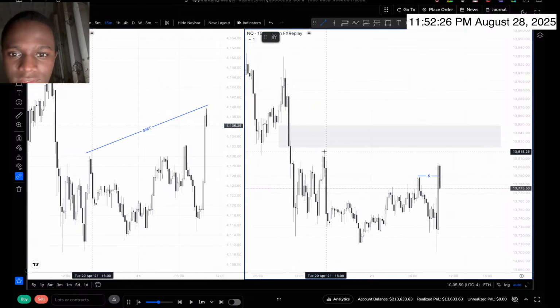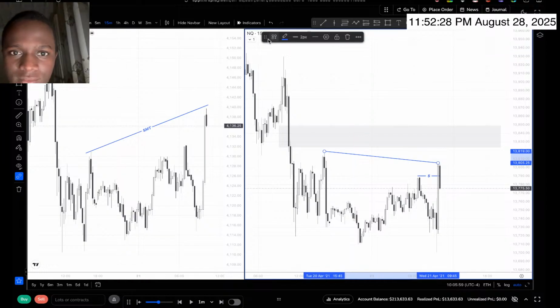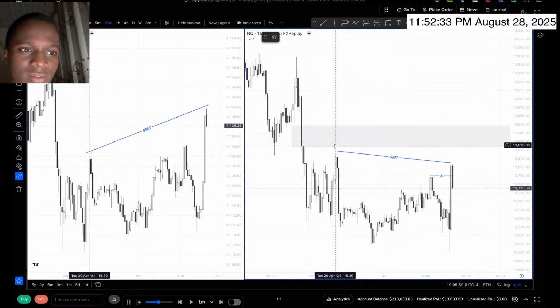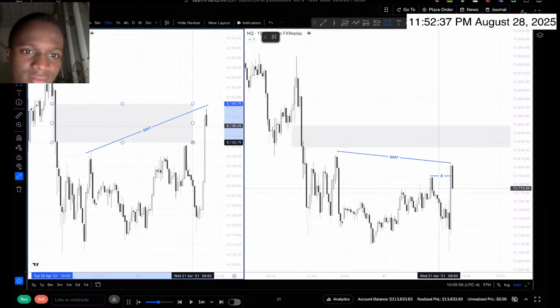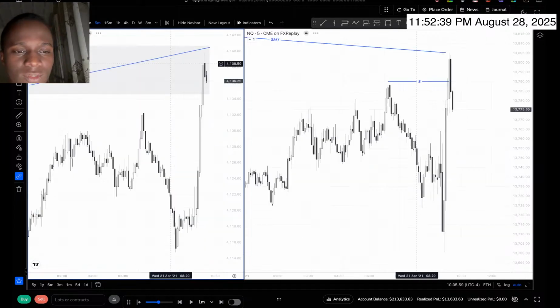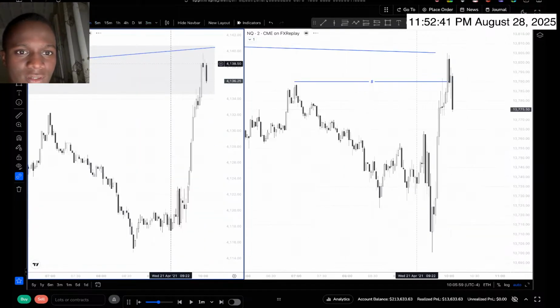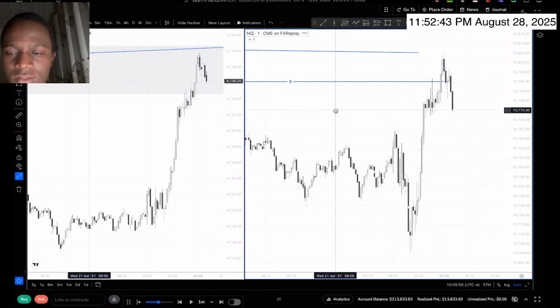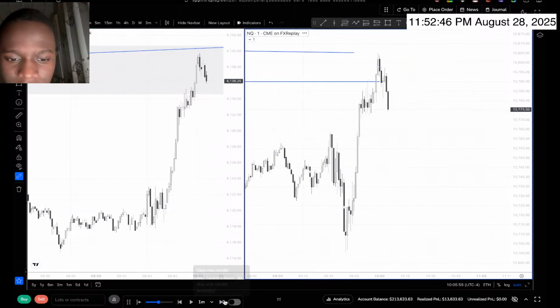So obviously this. I was expecting this gap here. Well, ES reached into it. Down to 5. No entry on ES.